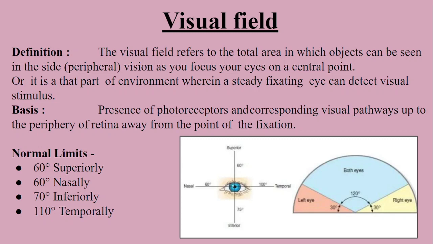This means the basis of visual field testing is to measure the range of vision, the sensitivity of the visual system, and any defects and abnormalities in the visual field.